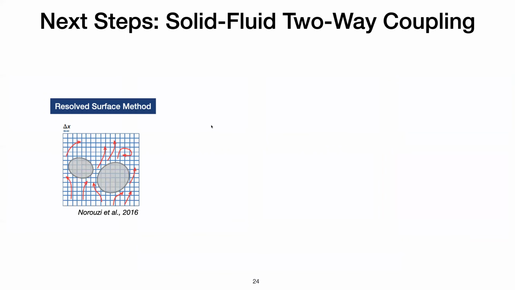And additionally, beside the fluid to solid coupling, we want to have a two-way coupling implementation, possibly with a resolved surface method in which the shape of the floe affects the distribution of the fluid velocities and other fluid quantities such as salinity and density.